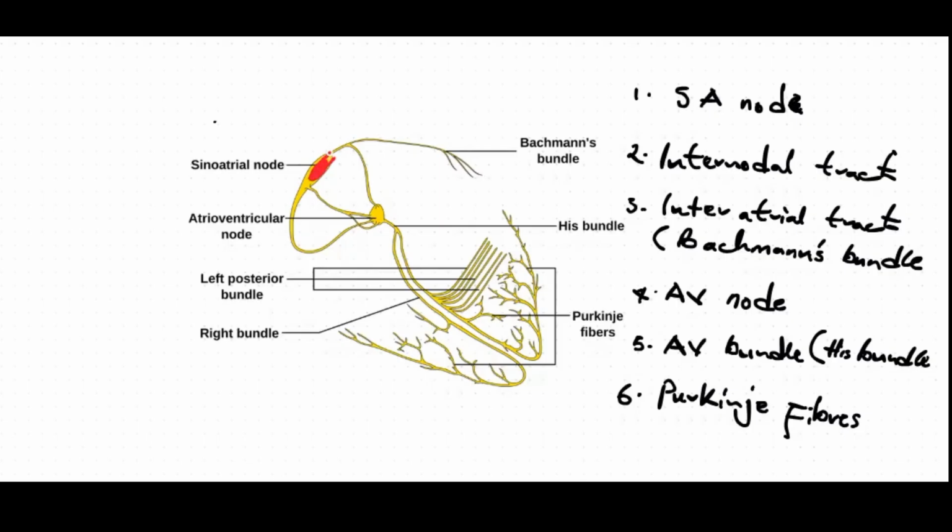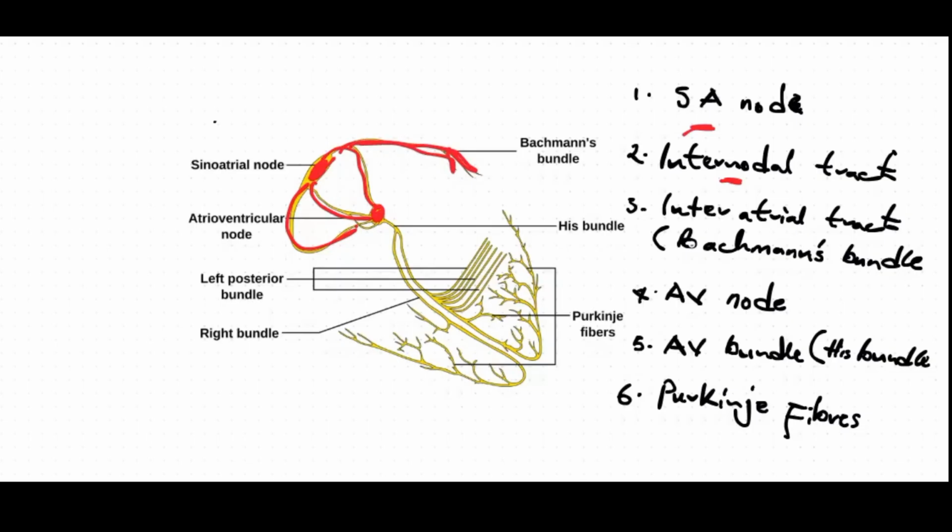Then we have the internodal tract, the tract between two nodes, and we have the anterior, the middle, and the posterior internodal tract. Then next, Bachmann's bundle, also your interatrial tract, because it's connecting the two atria together.